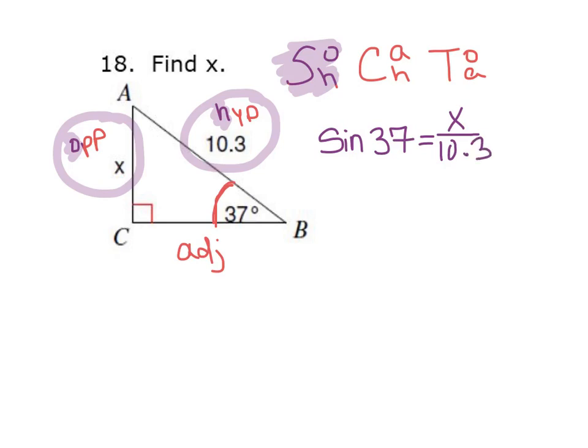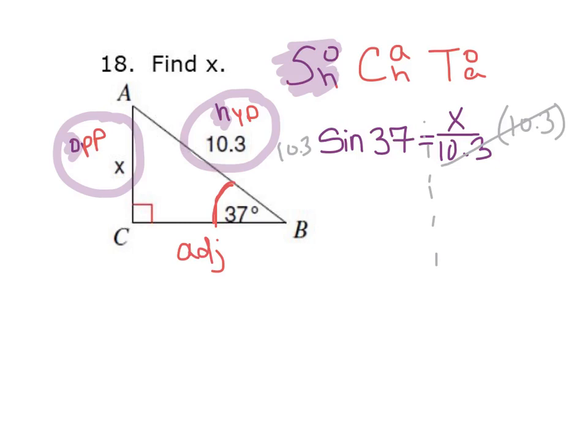We need to solve for x. So instead of dividing by 10.3, we're going to multiply both sides by 10.3. This makes the 10.3's on the right cancel out, leaving us with our x.